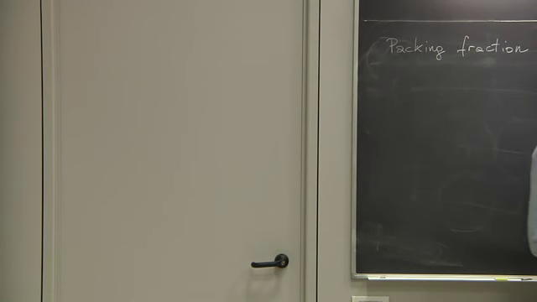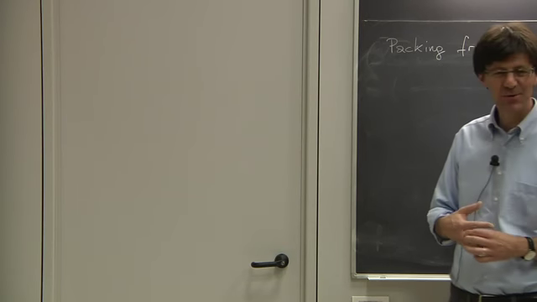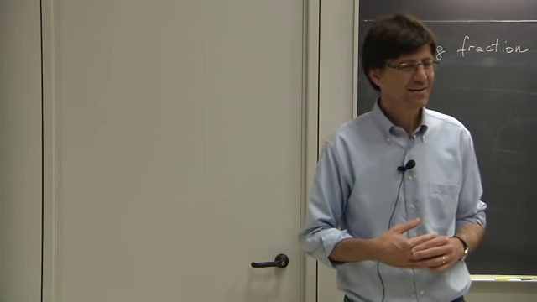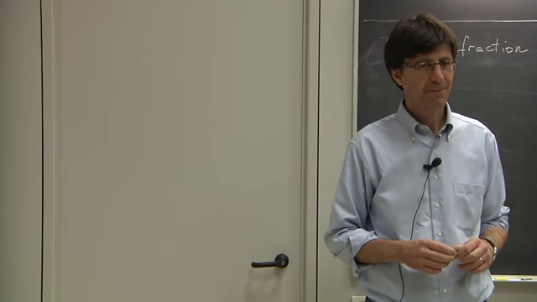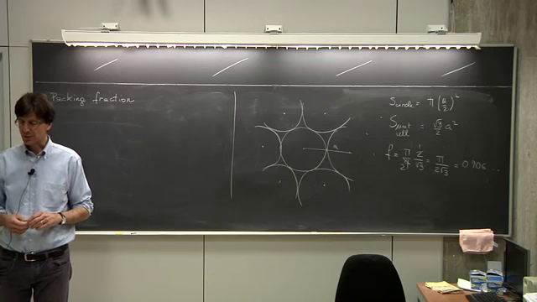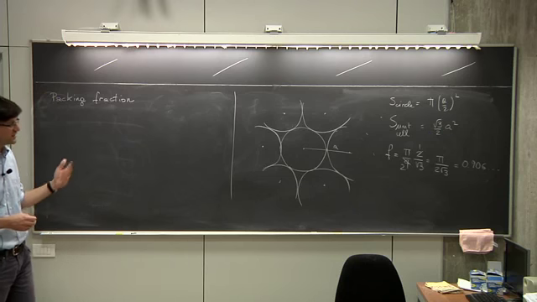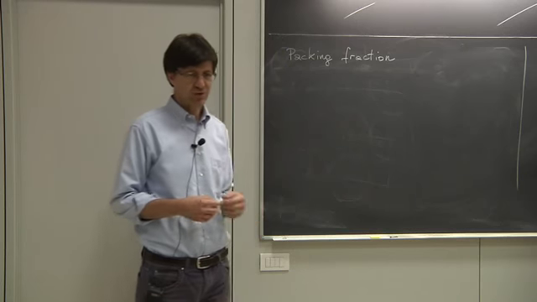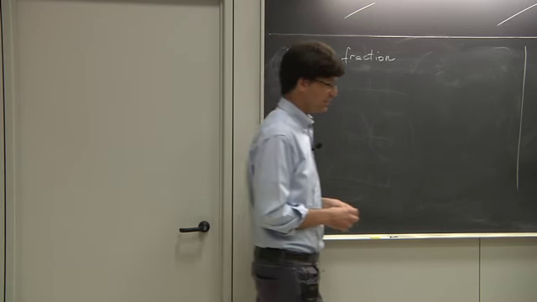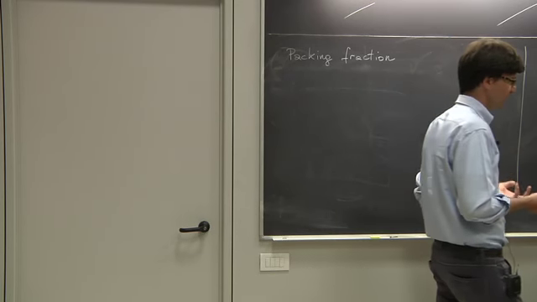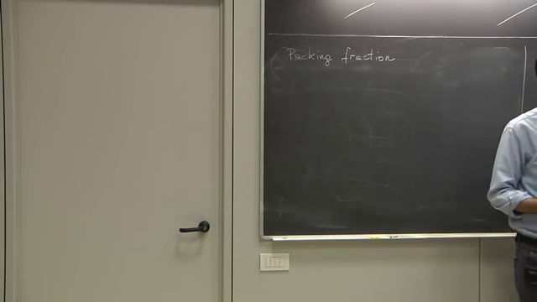Is it interesting to have a packing fraction which is not the largest? Well, the answer is yes, because then you learn about different ways in which atoms can pack.